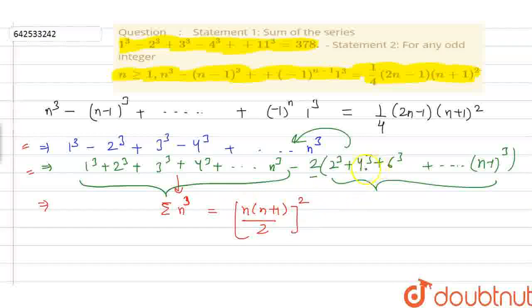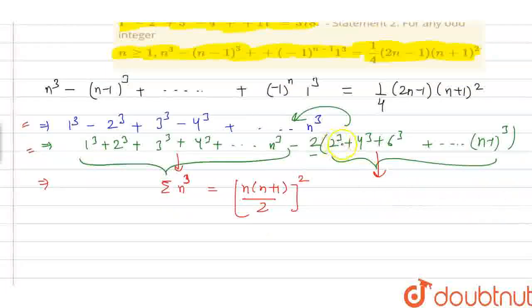And similarly, this series can also be evaluated by using one concept. If we take 2 cube common out of this, then this would be equal to minus 2 into 2 cube, and this would become 1 cube plus 2 cube plus 3 cube and so on till (n minus 1) upon 2 whole cube, right?